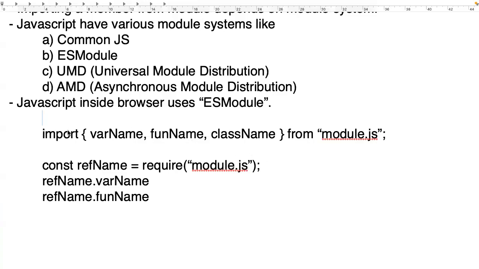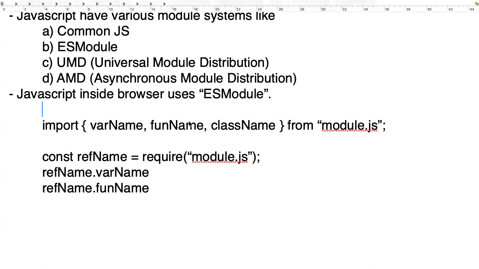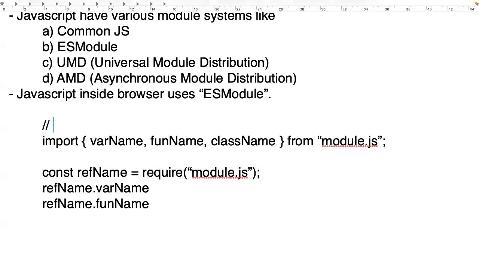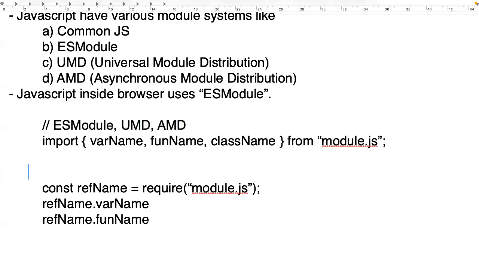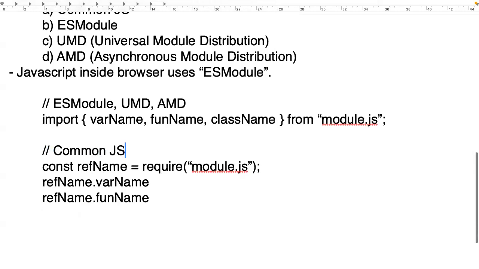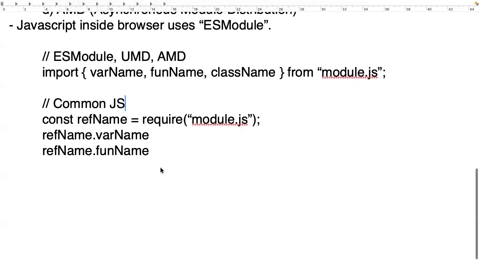The import statement is used in ES modules, UMD, AMD, and require is used in CommonJS. In the CommonJS module system, we import the members by using the require method.